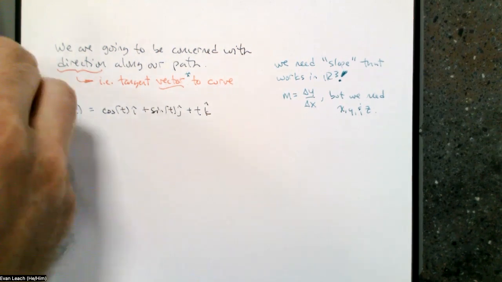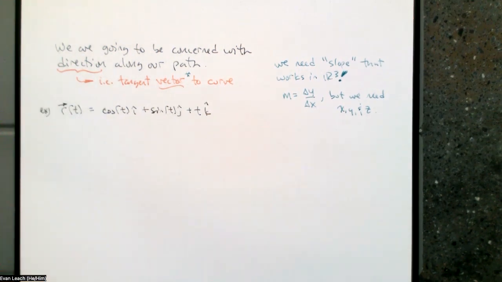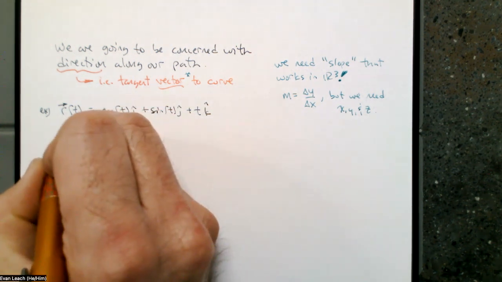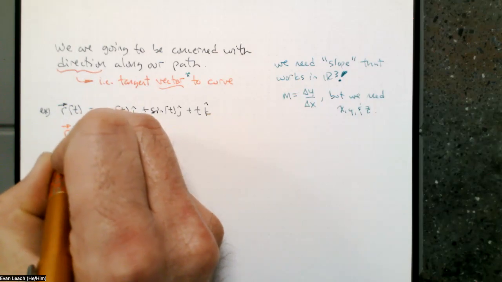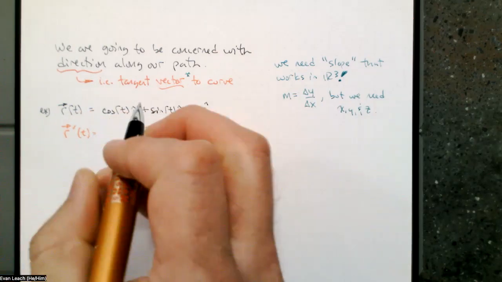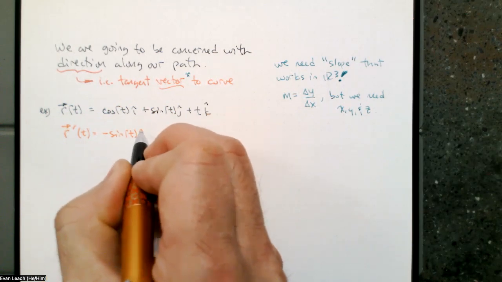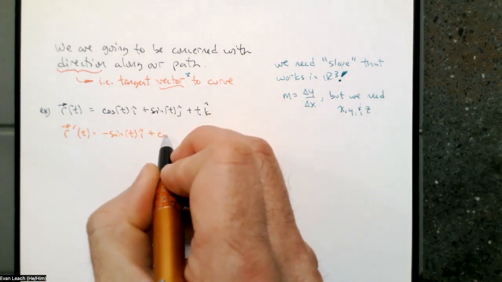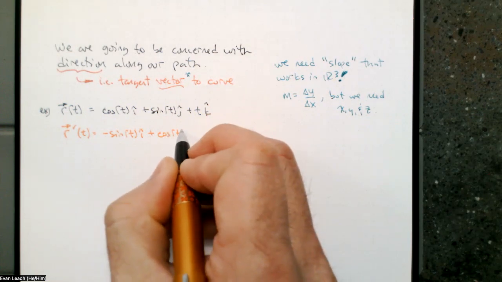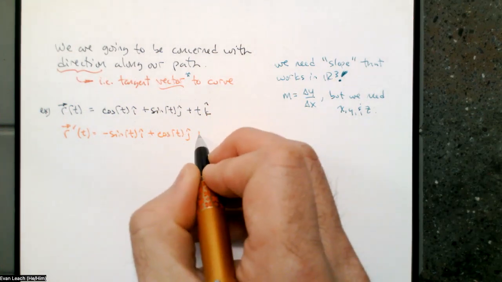So if I want the vector tangent to this curve, that spiral, at any point, derivative of cosine is negative sine. Derivative of sine is cosine. Derivative of t is equal to 1.